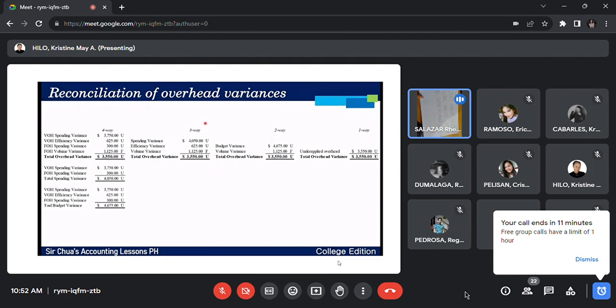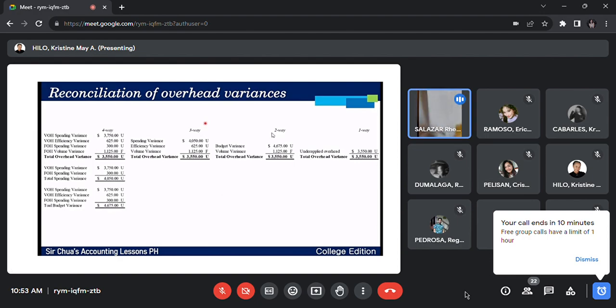Sa two-way kita. Two-way budget variance daw ang volume variance. So, itong budget variance nato, ang total budget variance nato is dati 1,675.